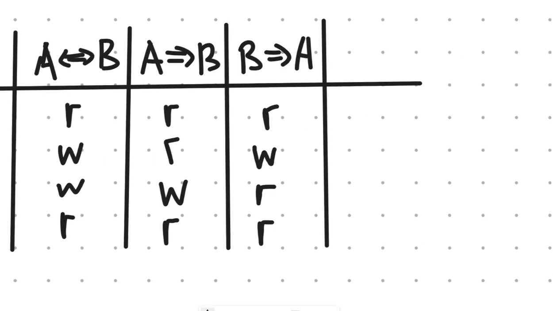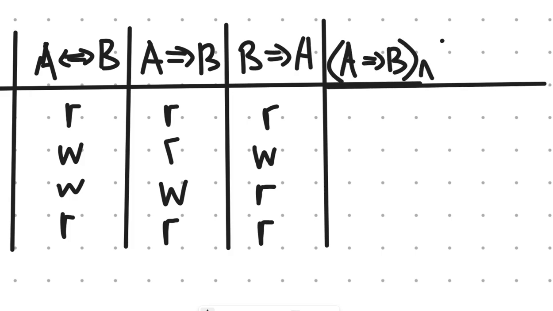Now, the last part, what we're going to do is A implies B and B implies A. We're just going to take two of those implications and see that both of them should be right so that it's right. If one of the implications over here is wrong, then it's wrong.